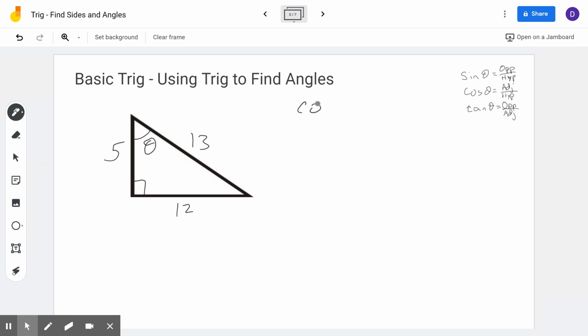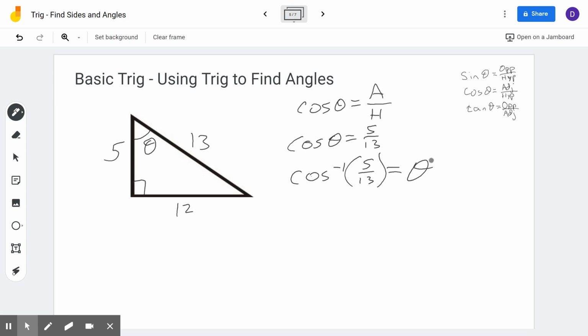So we're going to do the cosine of theta, which is adjacent over hypotenuse. And so the cosine of theta is 5/13. So we're going to do the arc cosine of 5/13 equals theta. I'm going to do 5 divided by 13 on my calculator.